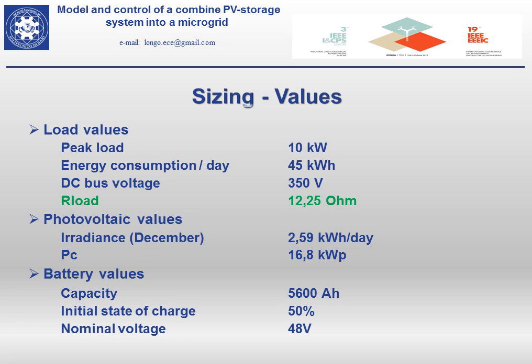So it has allowed us to simulate the load as a resistor. Concerning the other main values for the irradiance, we have considered PVGIS data for the location in south of Italy. So I precise December because we size the system on the worst case scenario.